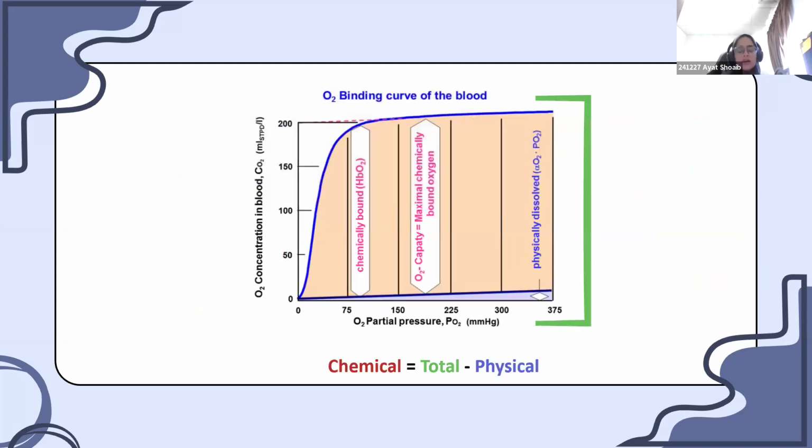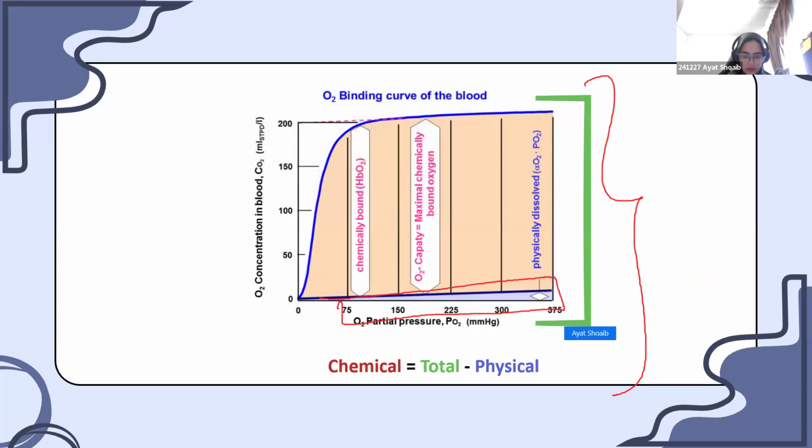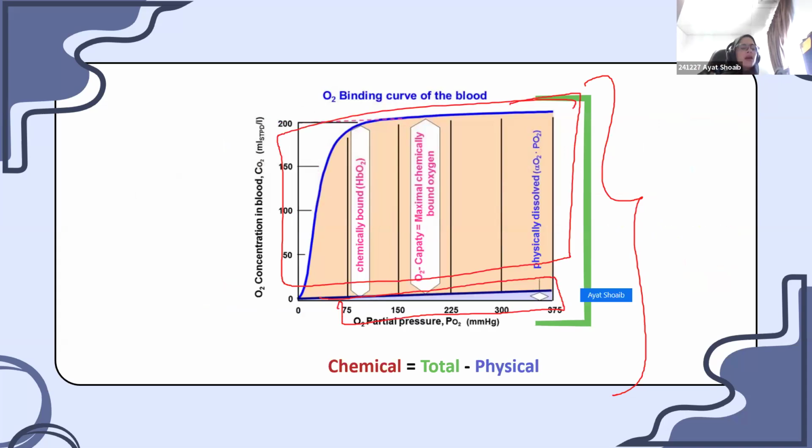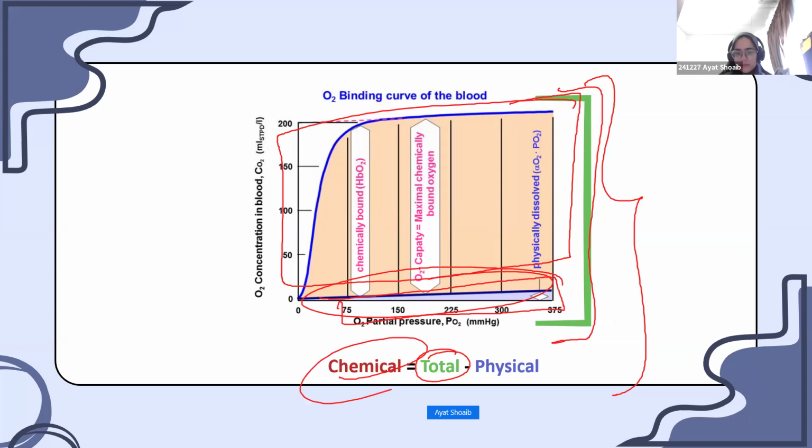So this is our total oxygen, because we have the physically dissolved oxygen here, and the chemically bound oxygen in the orange side. How would you calculate the chemical one? You would take the total, the green part, and subtract the slope below it from the whole thing, which leaves you with the orange part, our chemical one. That's all in this slide.